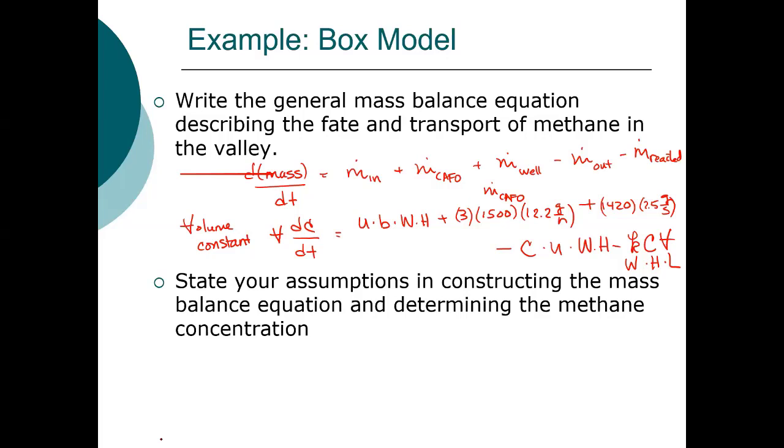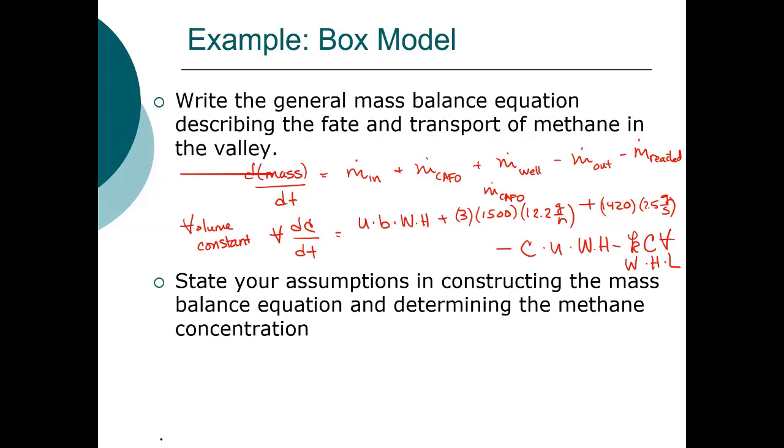We then said that the volume is constant. We'll assume that the height, the width, and the length are unchanged during the time period that we're examining. So we can pull volume out of the differential. And we wrote an equation for each of the terms.